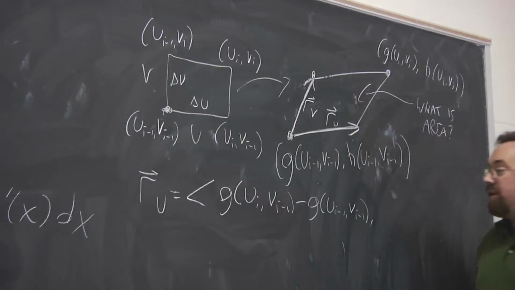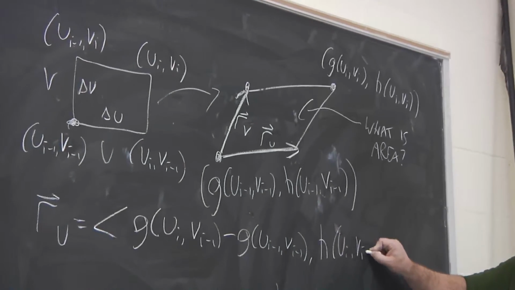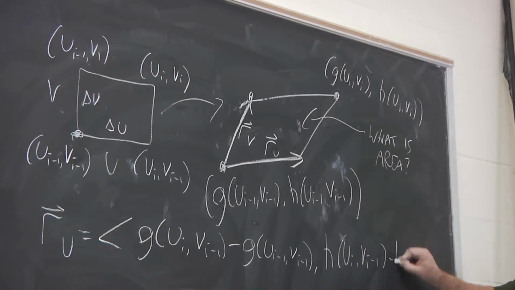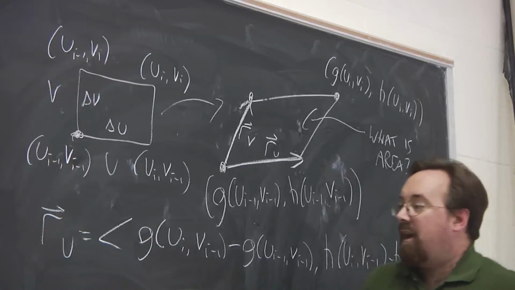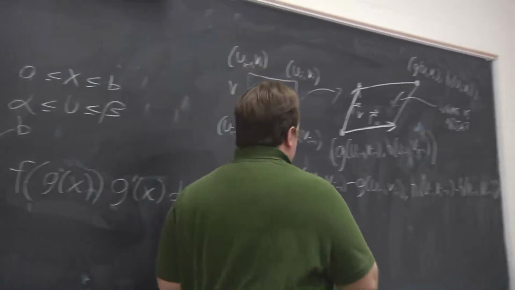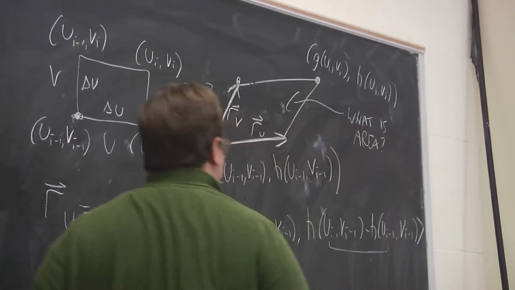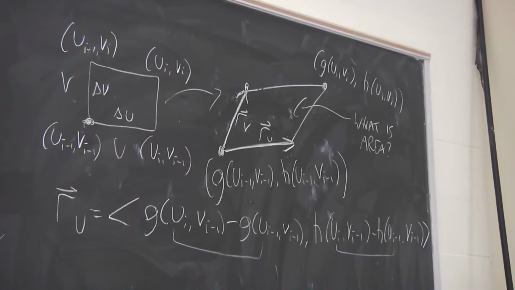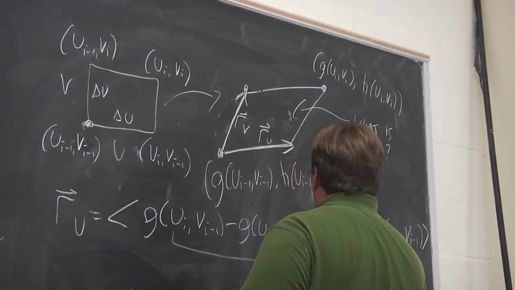Then the y-coordinate is the same thing, only it's a difference in h. Now, the u's are what's changing in both cases. Right? The v's are not. And u_i minus u_{i-1}, that's delta u.